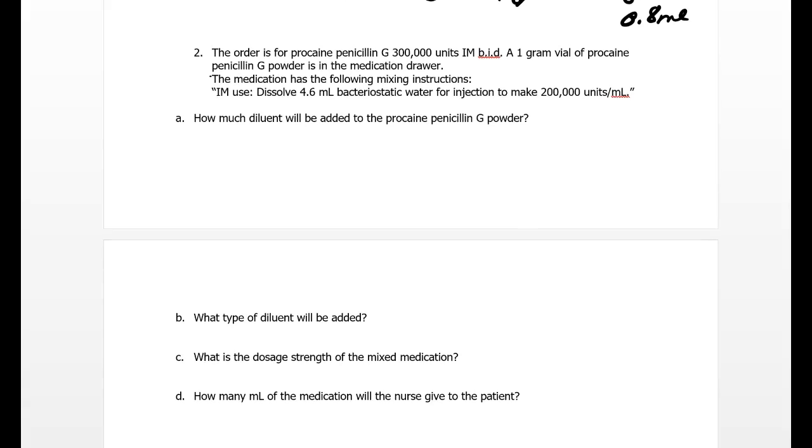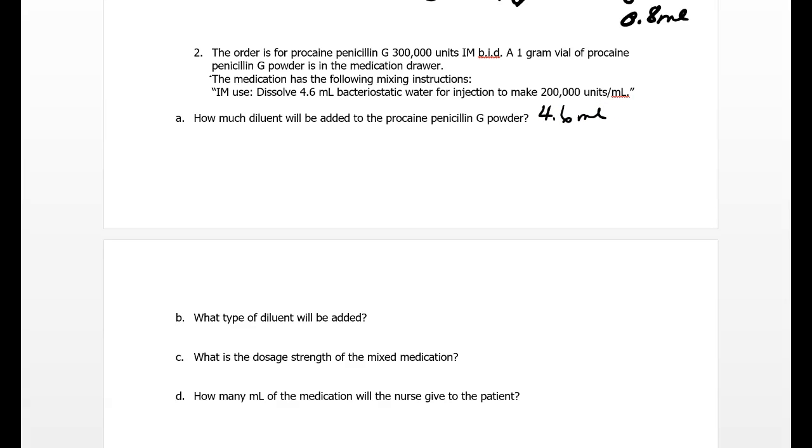The order is for Procaine Pen G 300,000 units, IM BID. A gram of Procaine penicillin G powder is in the medication drawer. The medication has the following mixing instructions. Dissolve 4.6 milliliters of bacteriostatic water for injection to make 200,000 units per mL. So how much diluent are we going to add? 4.6 mLs.